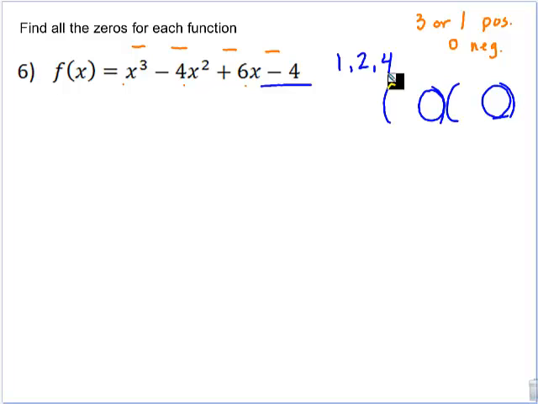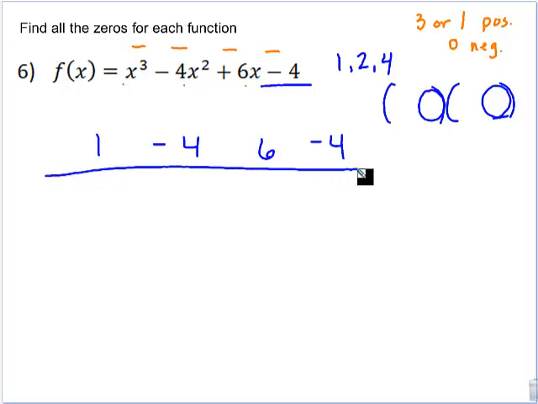So to do this, we'll set up synthetic division. I'm going to show you a way to set it up so it doesn't take up 2 lines every time. Our coefficients are 1, negative 4, 6, and negative 4. You can set up synthetic division so it takes up the few lines every time if you want to. Otherwise, here's your other option. You just put the bar right underneath your coefficients, and a line down your last column.